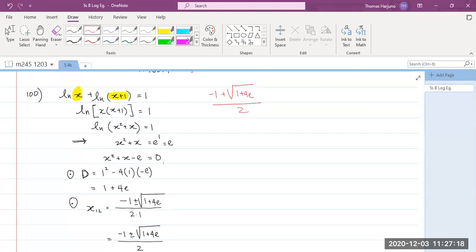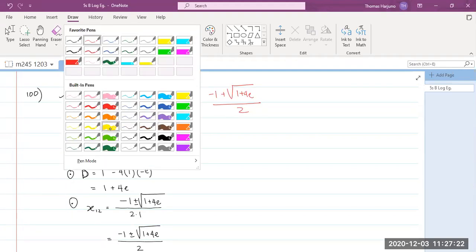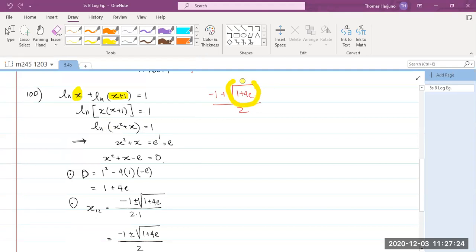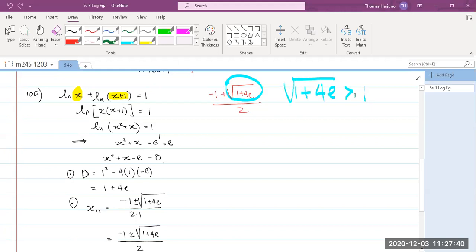This guy here is definitely greater than 1. Why? Because 1 plus 4e must be greater than 1, so when you take the square root, that's greater than 1. Now, something greater than 1 minus 1 will be positive.